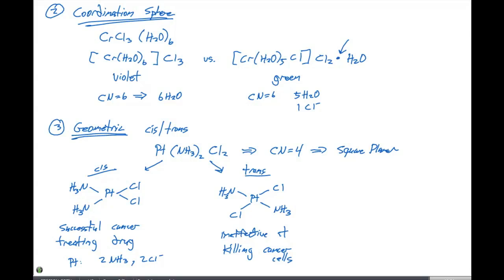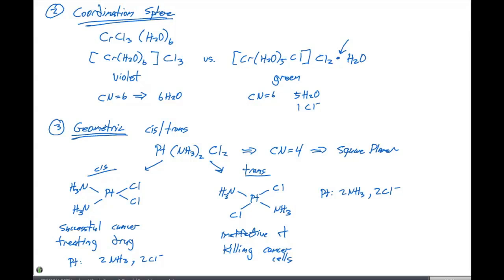In the trans complex, we have platinum at the center, coordinated to 2 NH3s and 2 Cl minuses. So everything coordinated to the central transition metal is exactly the same. They're just oriented a little bit differently in space.